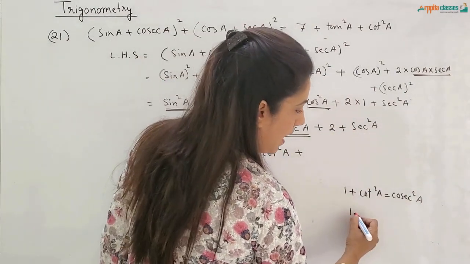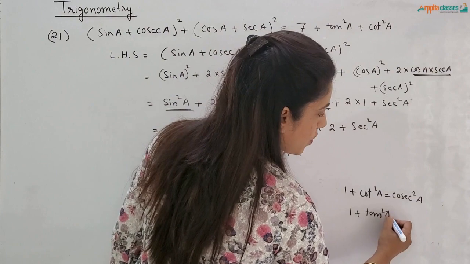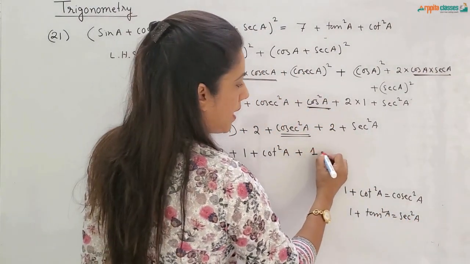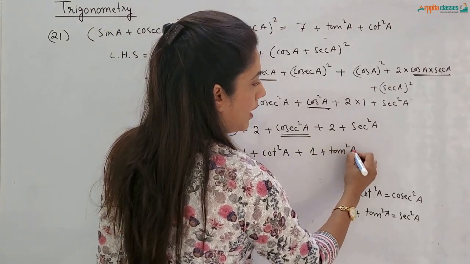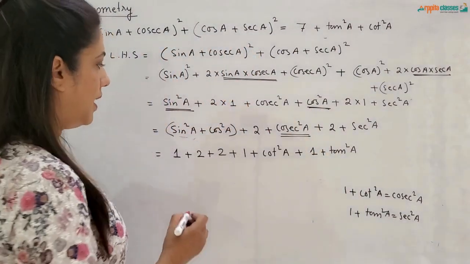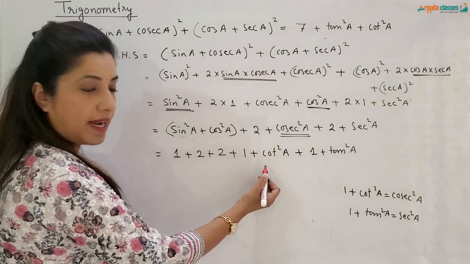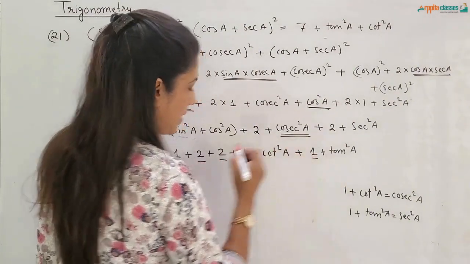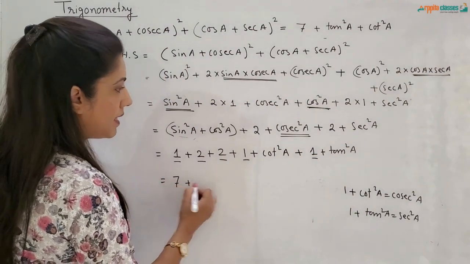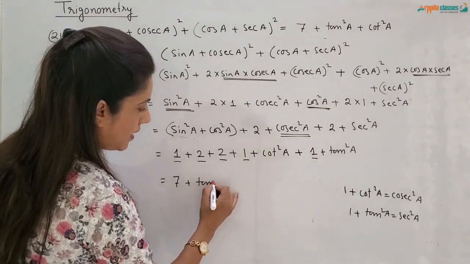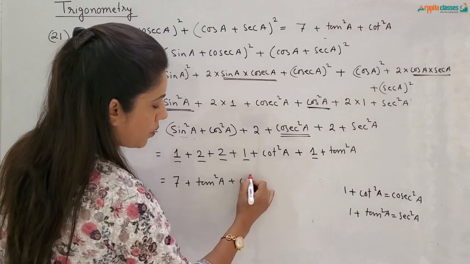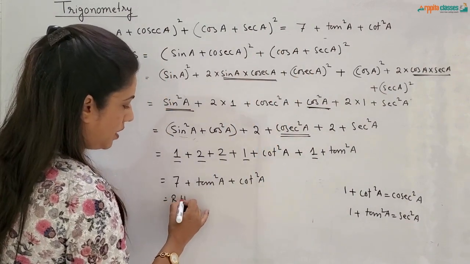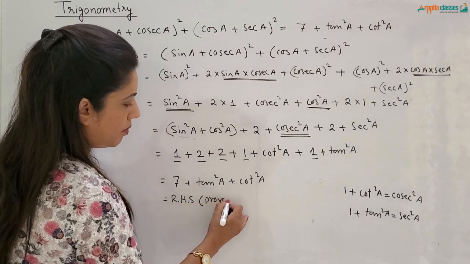Sec square A. Now we have 1 plus tan square A is equal to sec square A. So in place of sec square A I am going to put 1 plus tan square A. Okay. Now we'll just add the like terms. 1 plus 2 plus 2 is 5, plus 1 is 6, plus 1 is 7. So it is 7 plus tan square A plus cot square A. Now look at your right hand side. We got it. Is equal to right hand side, hence proved.